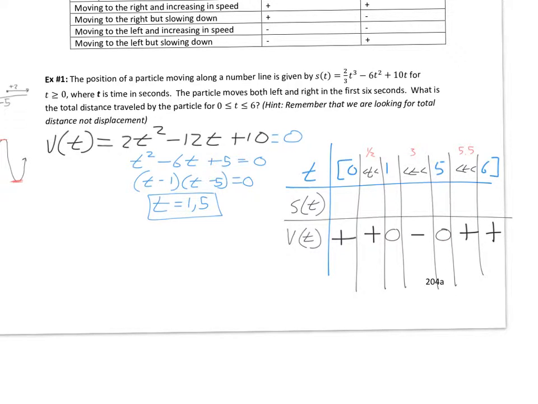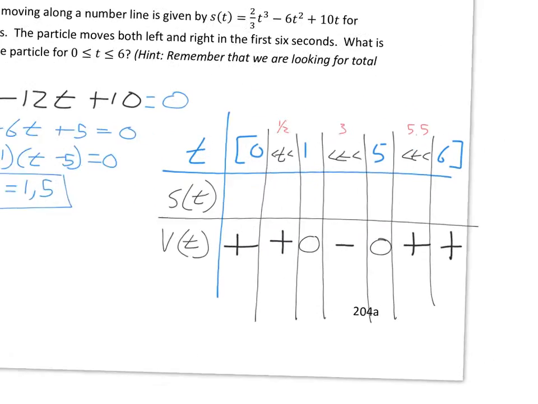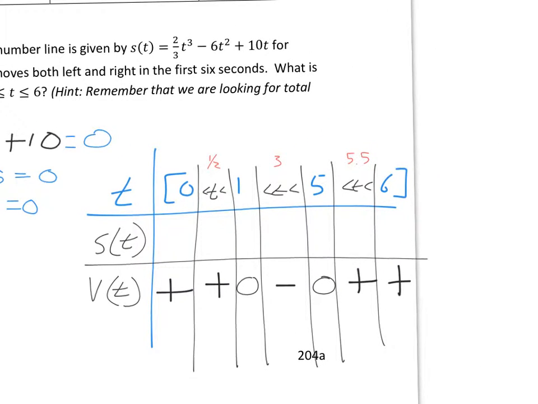So that means I just need to know the position when it first starts, when it changes direction from positive to negative here, when it changes direction from negative to positive here, and then when it ends. So I just have to evaluate these 4 points. So I can do that by just plugging these values into my position function and figuring out what position it has at those points in time. You can work this out on your own, or you can use a calculator.